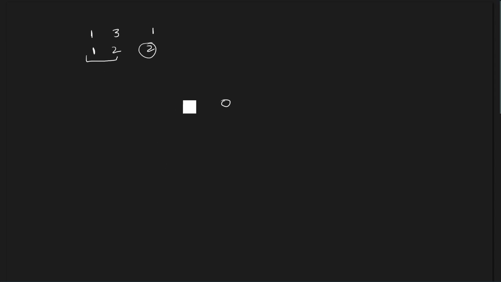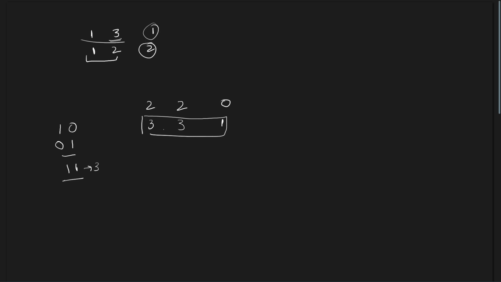So this element will become 2, this element will become 2, and then I have to do bitwise OR of all the elements in the range 1 to 3 with 1. So 2 is essentially like this, and if I do bitwise OR with 1, it will become like this, and it is equal to 3. So this will become 3, this will become 3, and this will become 1, right? So this is our question, and we have to return this final array at the end. This is what our question is asking, right?